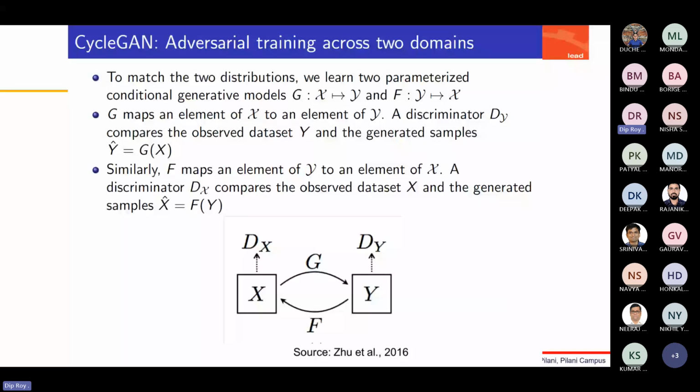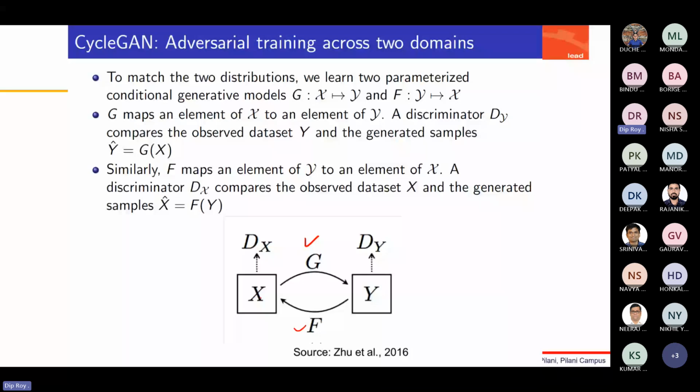To match the two distributions, we have two parameterized generative models, G and F. G takes X and maps it to Y, and F takes Y and maps it back to X. And these are the two discriminators.